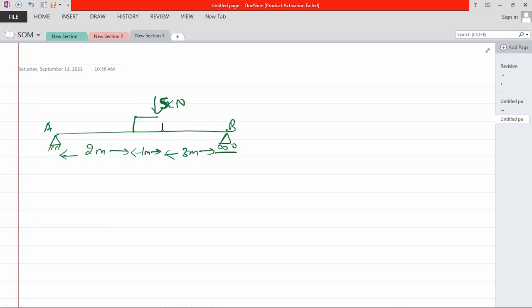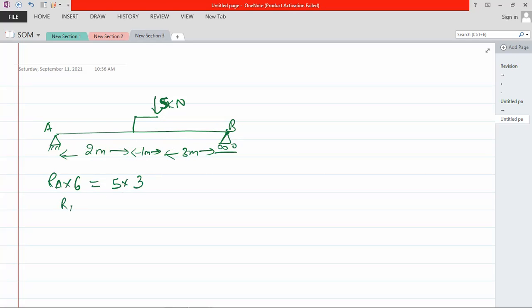So I just find the reaction forces. What are the reaction forces at RA and RB? If we take moment about B and equate it to 0, then RA into 6 is equal to 5 into 3.